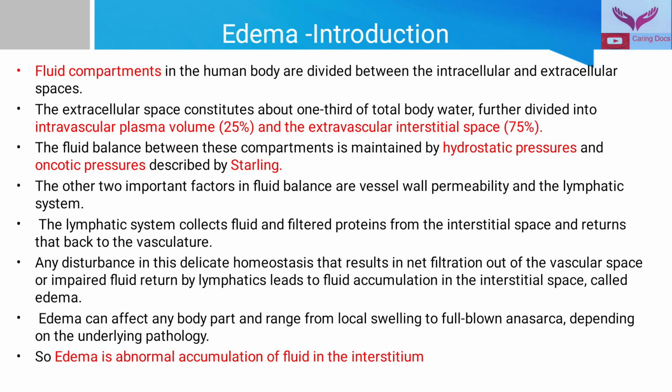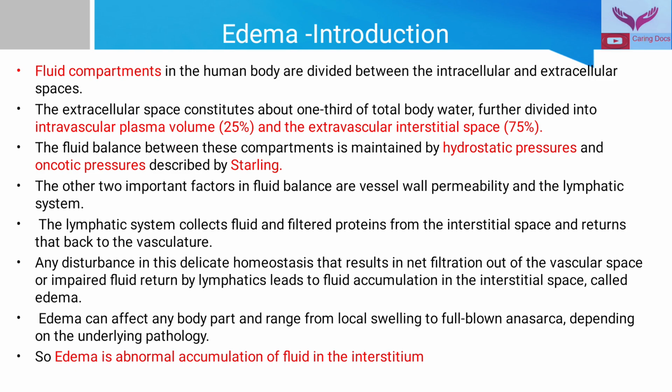The two other important factors in fluid balance are vessel wall permeability and the lymphatic system. The lymphatic system collects the fluid and filtered proteins from the interstitial space and returns them back to the vasculature.